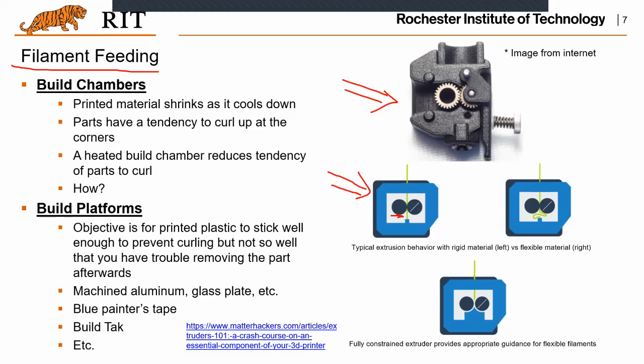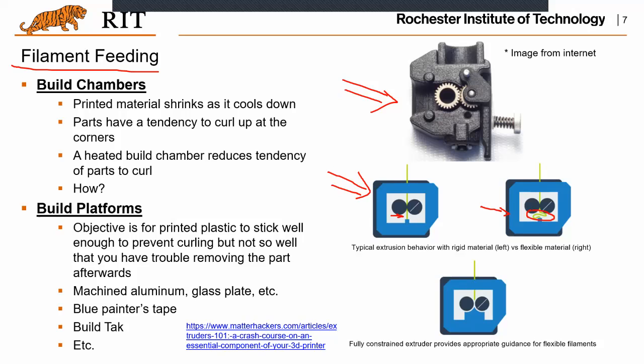But how about flexible ones? As you can see here, for the flexible one, problems can easily happen. The material cannot be fed into the hole, and it will be something like this. There will be actual material fed, and that could cause a jam during the printing.